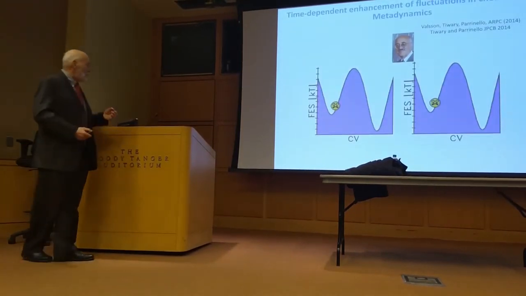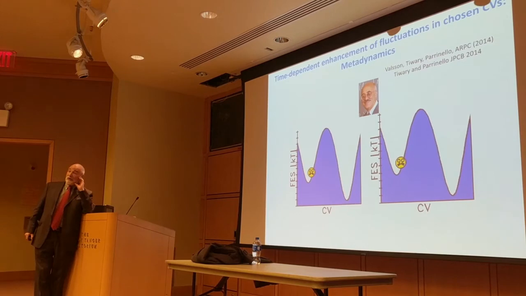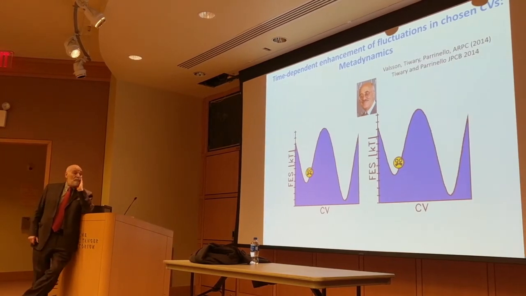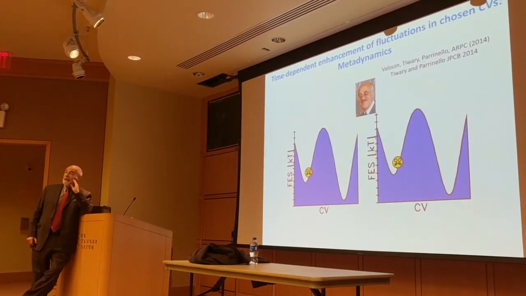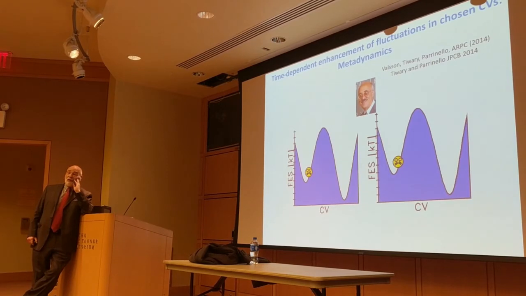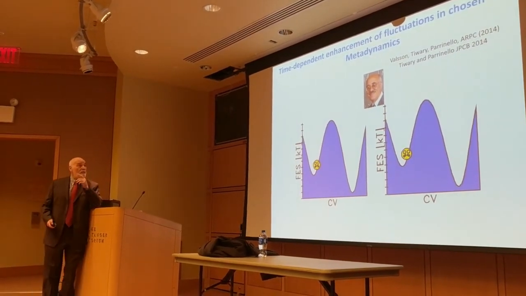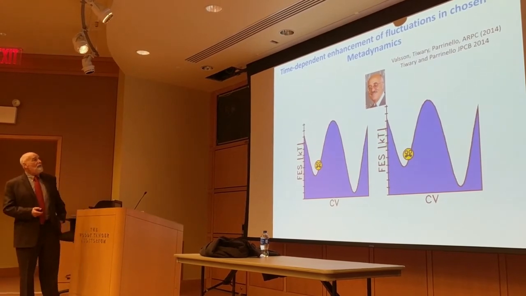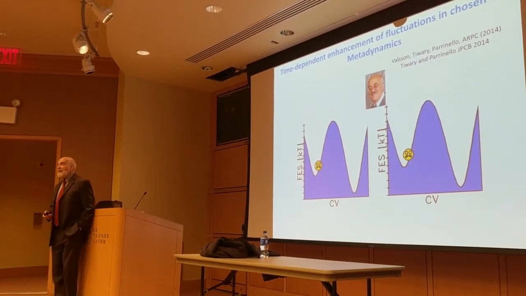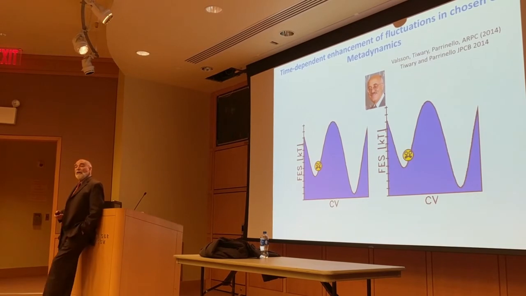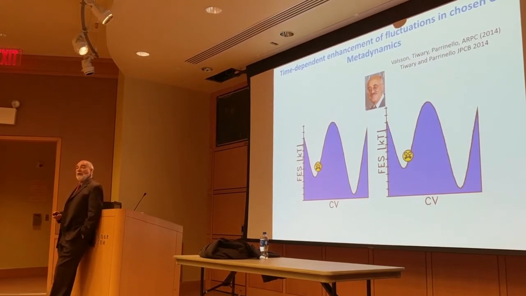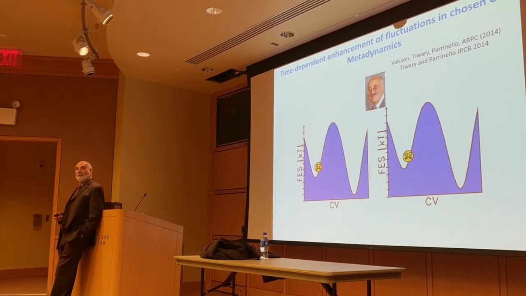And so the most recent postdoc I had is Pratyush Tiwari, who is an extraordinary postdoc. As I said, he just went to Maryland. And he came to me a couple of years ago and talked to me about using metadynamics to calculate rate constants. And I said, nah, no way, okay?